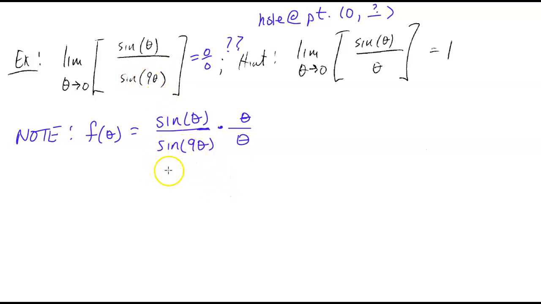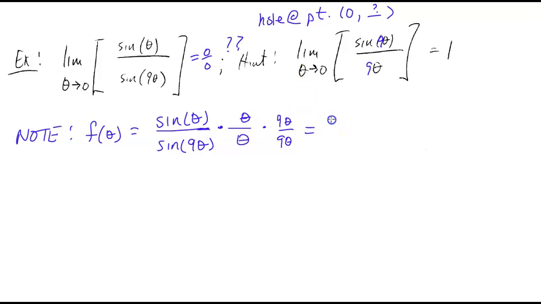So here, notice that in order for this to work in this sense, I would need sine of 9 theta over 9 theta as well. So here, I'm going to also multiply numerator and denominator by 9 theta.